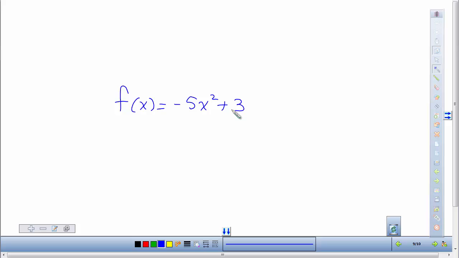Well, instead of using that limit definition, we could say f prime of x equals negative 5 times the derivative of x squared, which is going to be what? 2x. And the derivative of 3 is just what? 0. So that's how we could get easily negative 10x.